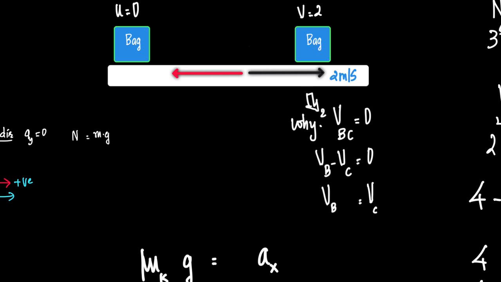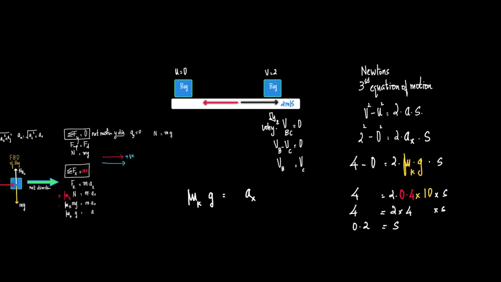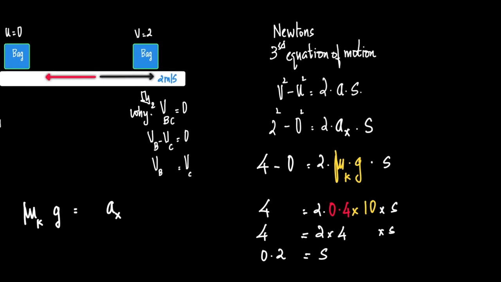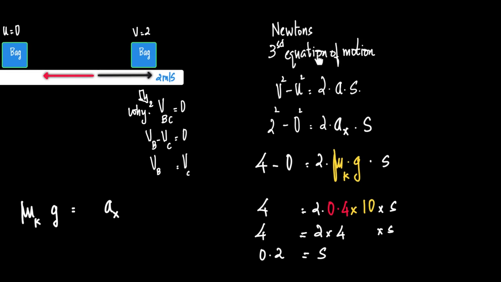So initial velocity is 0, final velocity is 2, and we have ax is equal to g into mu k. Now, we know by Newton's equations of motion that final velocity square minus initial velocity square is 2as. v is 2, initial velocity is 0, so 2 square minus 0 square is equal to 2 into acceleration, which is mu k into g, into s. Now, why mu k?